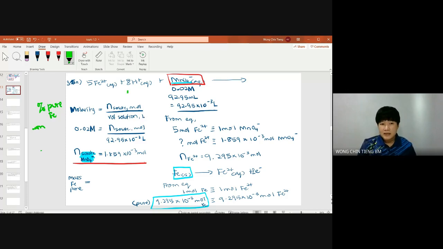Kenapa kita nak cari semua ni? Sebab yang kita ada daripada soalan hanya pakcik ni. Kita hanya ada information pasal MnO4 minus. So what do we do? We find the number of mole of MnO4 minus and then we compare with the Fe2 plus. We compare with the things that we want. Okay?